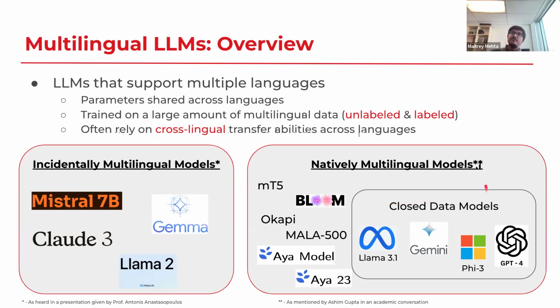On the other hand, you have natively multilingual models, or objectively multilingual models. These are models where the objective was to make them palatable across many languages.